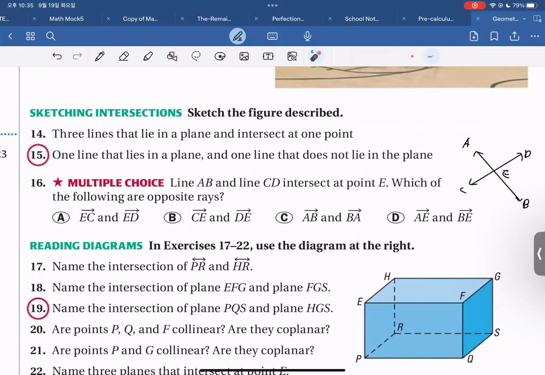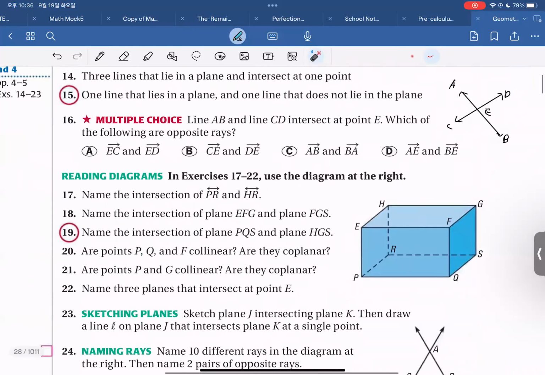And if you look at AE and BE, yeah, if you look at EC, ED, and CE and DE, they may all show an opposite relationship, and basically C is the one that doesn't work in this case.